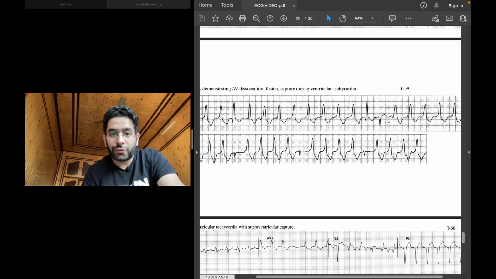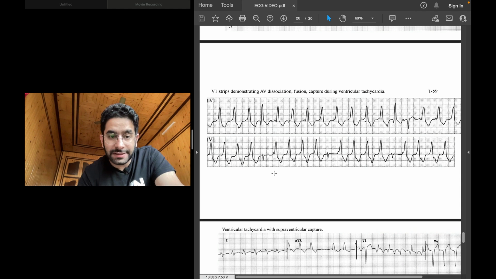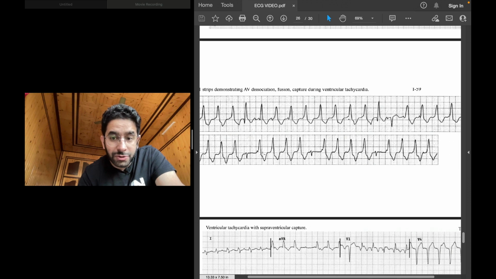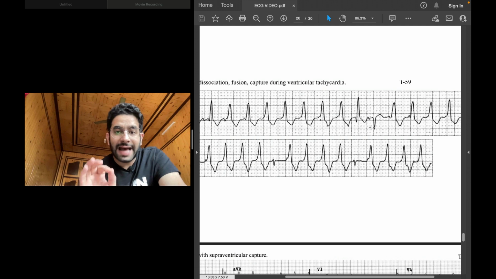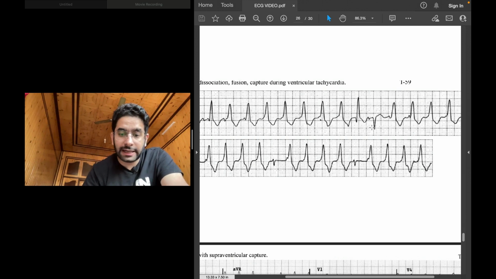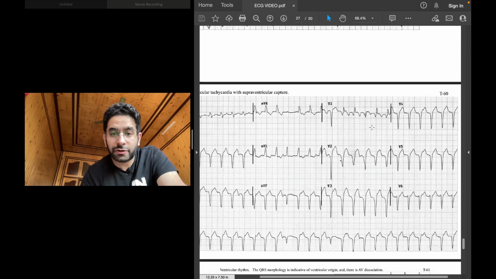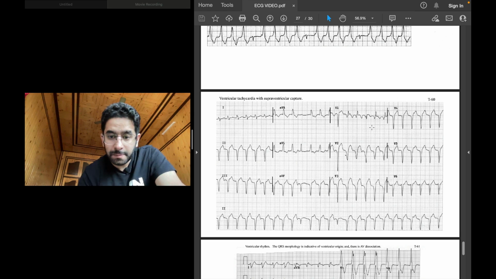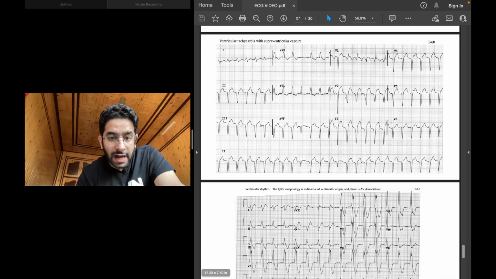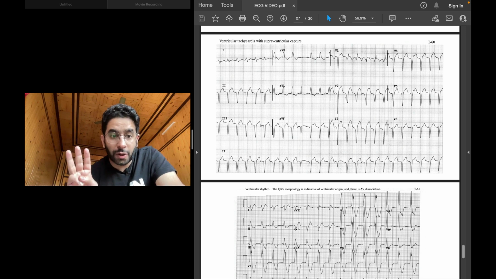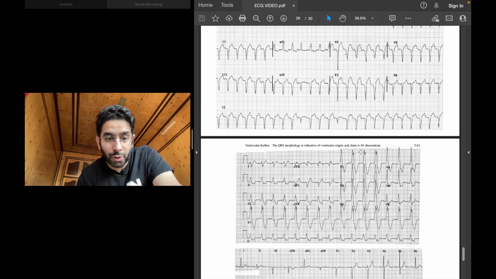Okay, so if you find a wide complex tachycardia, and in between these small complexes, these are capture beats, or this different sort of morphology, fusion beat, that makes it ventricular tachycardia. Again, shown in this picture, you have a fast heart rate, it is regular, QRS complex is wide, and you have these fusion beats, capture beats, that shows it is ventricular tachycardia.